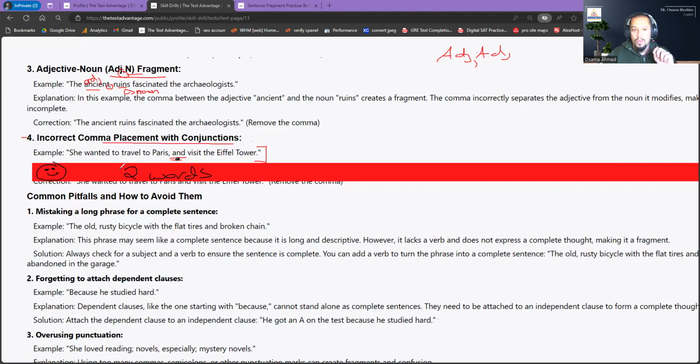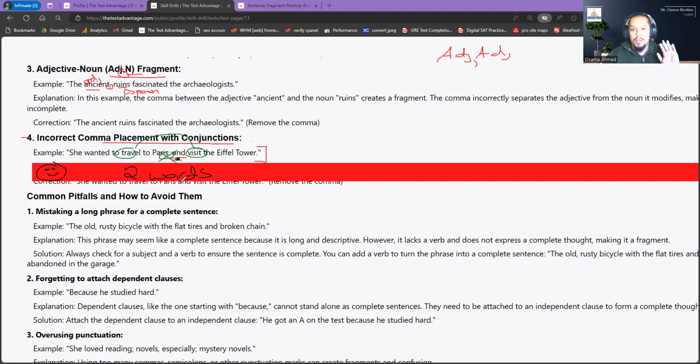I forgot. Okay. Let's go to Umar. And combines 2 words. صح يا عمر؟ Yes, travel and visit. To travel and visit. That goes من parallelism. Remember I told you في حاجات يخشوا في بعض. When you have the word and أو but or so أي نوع من أنواع punctuation وبيجمع كلمتين ما ينفعش نحط comma.